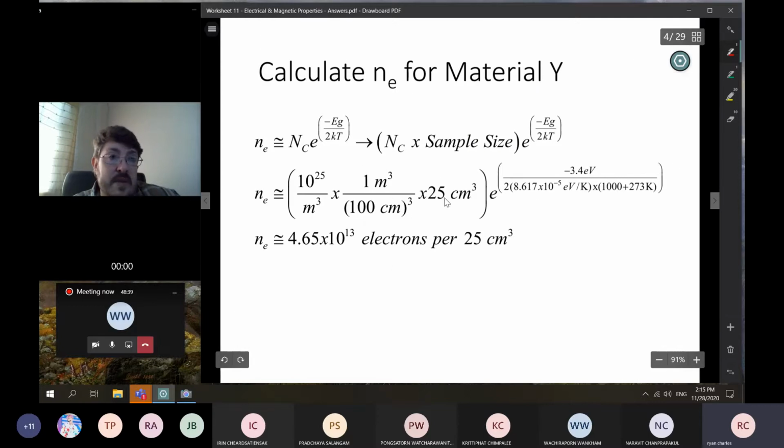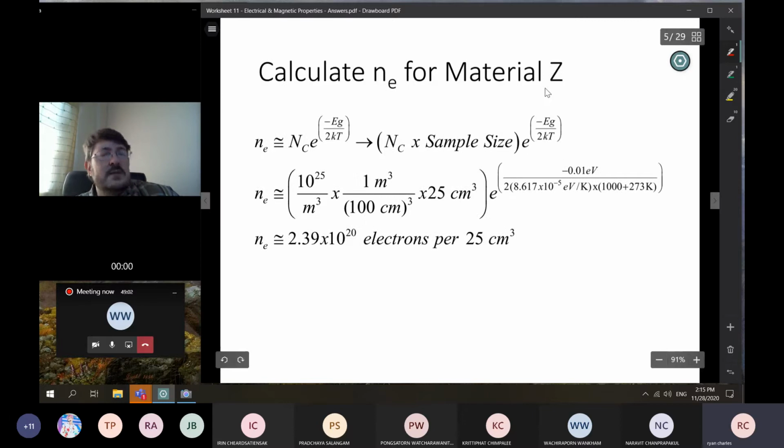Material Y, the same thing, right? Per 25 cubic centimeters, we have a lower band gap now. We get 4.65 times 10 to the 13 electrons per 25 cubic centimeters. All right, so significantly greater number there.